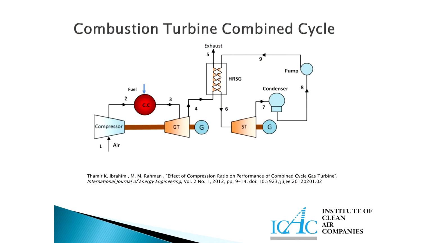Basically you have a combustion turbine, which is nothing more than a jet engine, where you take air, you compress it, you put it into a combustion chamber with fuel, and when it combusts, it runs through a gas turbine. The turbine obviously turns a generator.